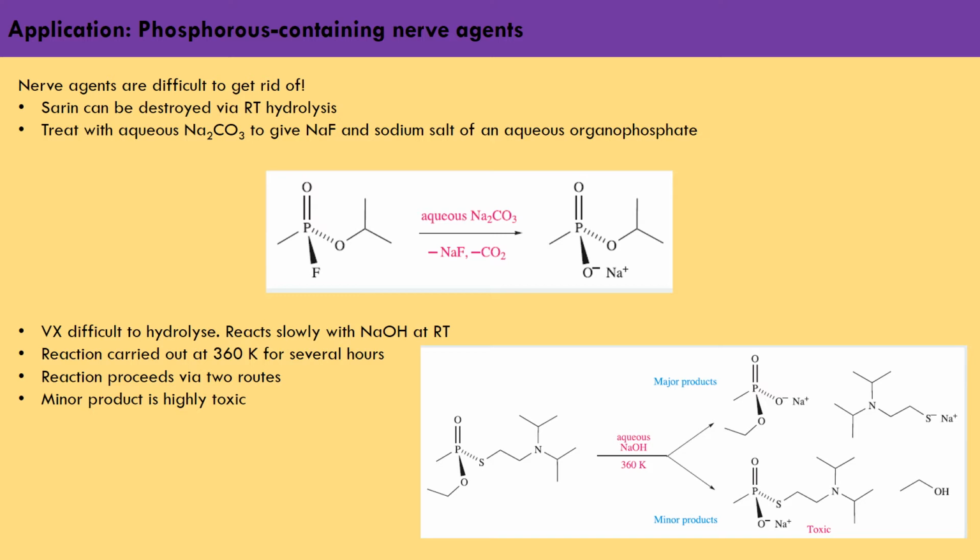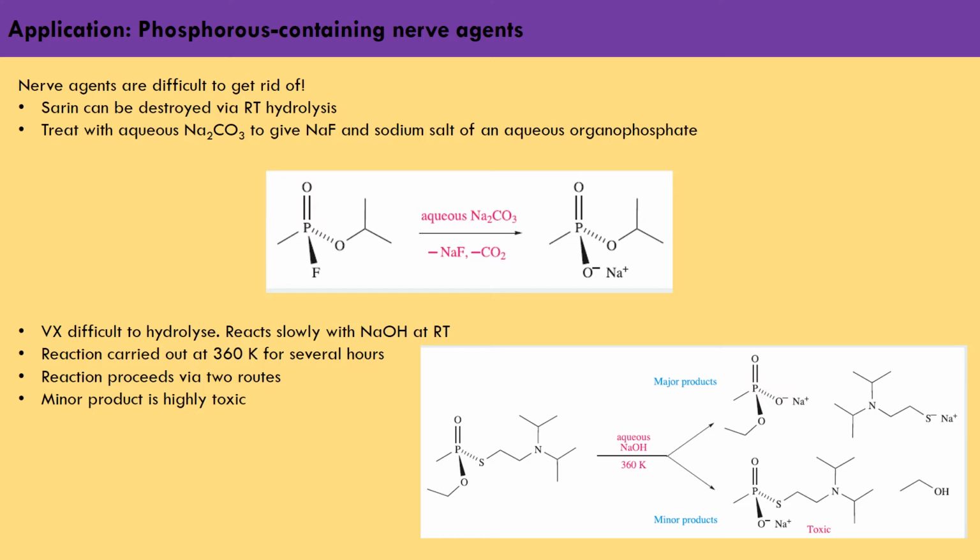Now, one of the really dangerous things about nerve agents is that from a chemical perspective, they're very, very difficult to get rid of. You can treat something like sarin with a room temperature hydrolysis reaction.